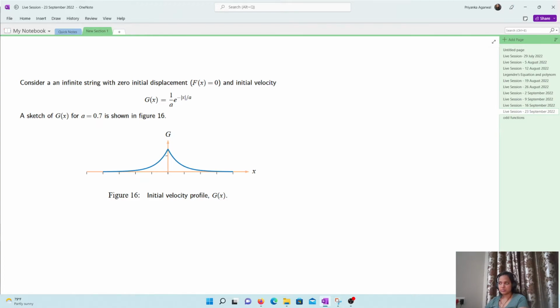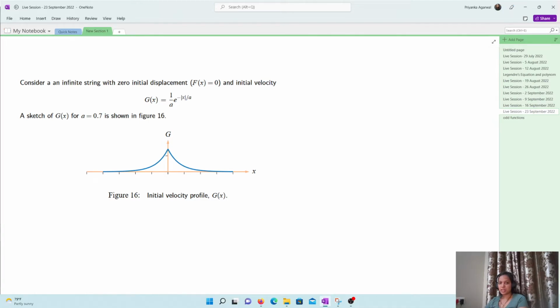Now, if we just consider these solutions, f of x and g of x, these extended functions, like if they are extended either as odd functions or even functions, that is this f of x and g of x.